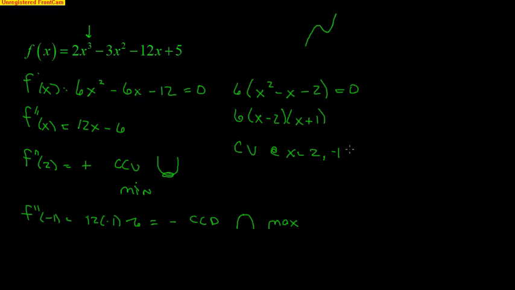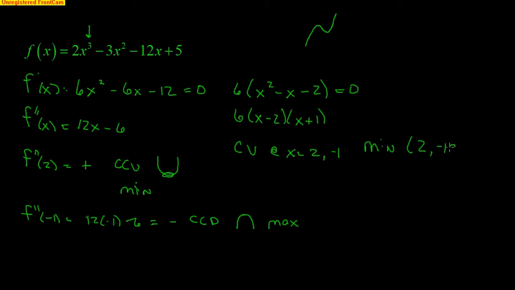Now, to actually get the x and y coordinates, remember, anytime you need a y value, you've got to go back to the original function. So I know that I'm going to have a minimum at 2 comma something, and I'll plug that in for you. When I plug in 2, I know that I'm going to get negative 15.